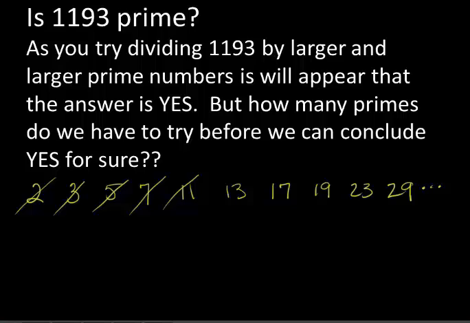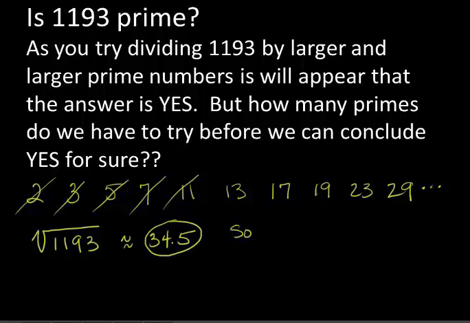The interesting thing, or the handy thing, is that if you take the square root of the number, the square root of 1193, plug it into your calculator, you'll get the square root is about 34.5. And it turns out that we only need to try primes that are less than or equal to this number, the square root.